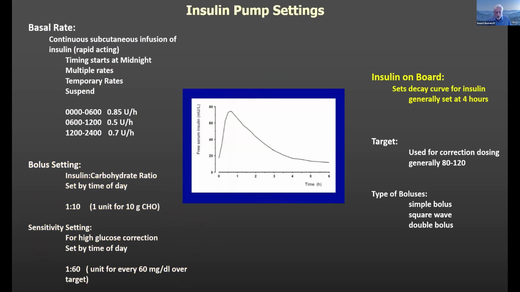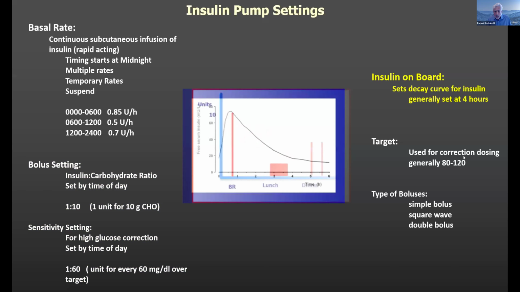Now, also part of that is looking at insulin on board. This could be programmed differently on different pumps. Generally, it's a decay curve of 4 to 5 hours. And the reason why this is important is that the pump will take this into account when giving a correction dose for a high blood sugar.